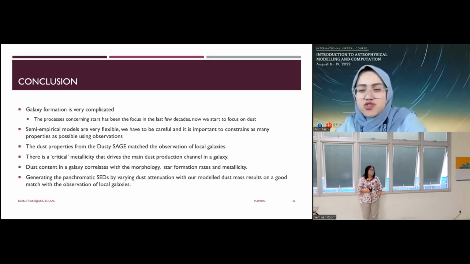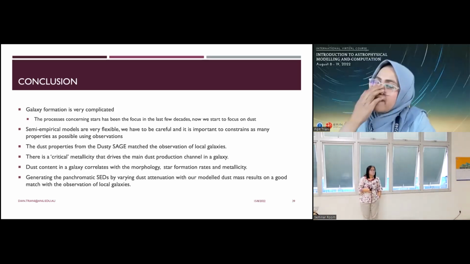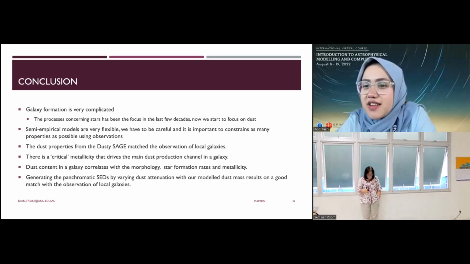For now, no. It only uses the lambda CDM models, so it's limited by that. If you have other models for dark matter, I don't think it will work. But you can try that and see how it compares with observations, I think. But I haven't really worked with other dark matter models.